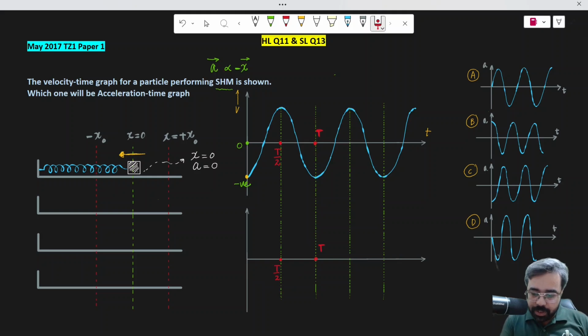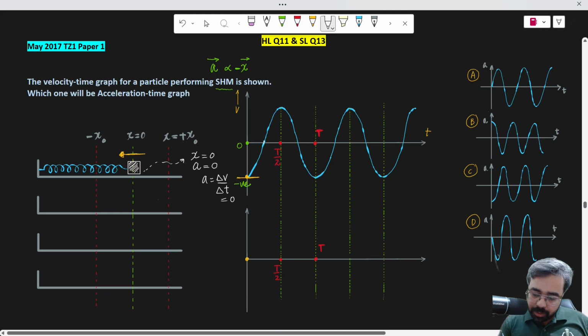Secondly, if you notice, at that point, if I draw a tangent, the tangent is a horizontal line. So if I find the slope or gradient of the velocity-time graph, that gives me a zero value, which again shows the same concept that acceleration must be zero at time t equal to zero. Now let's talk about this point.